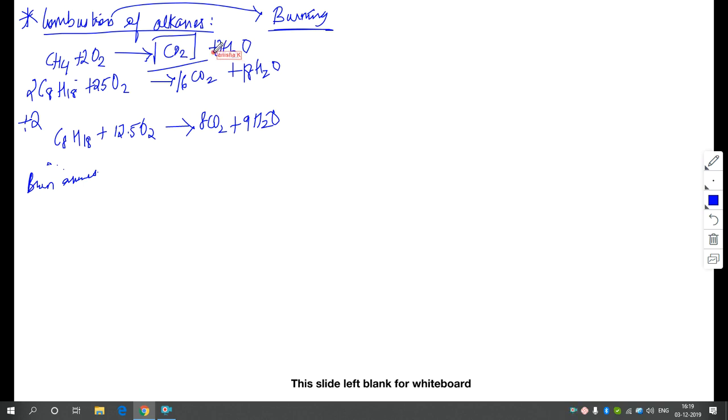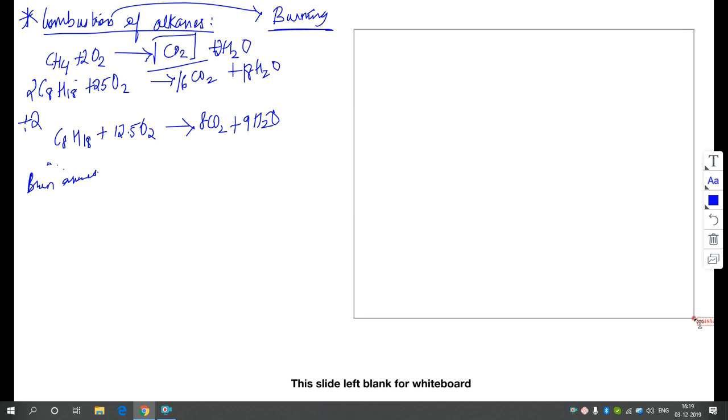Then we saw substitution of alkanes. Okay, I'll give you a few questions to write. Let's see how we can solve it.